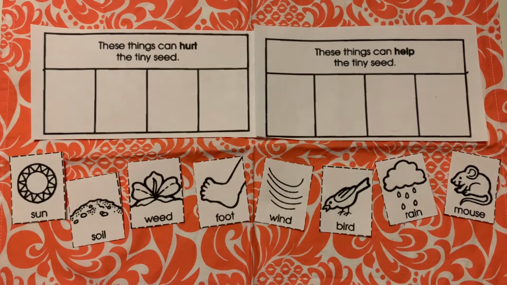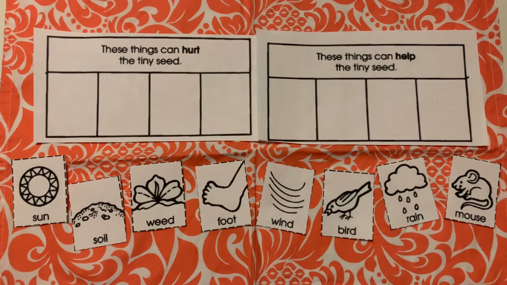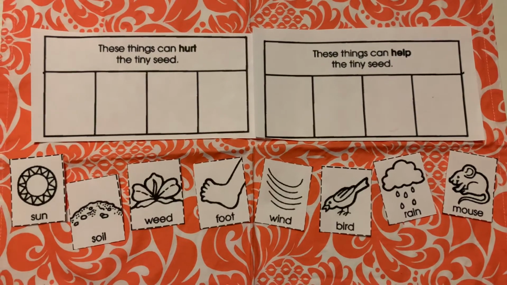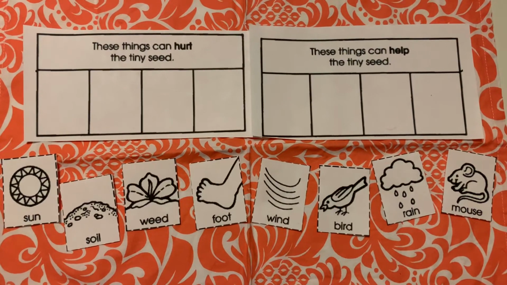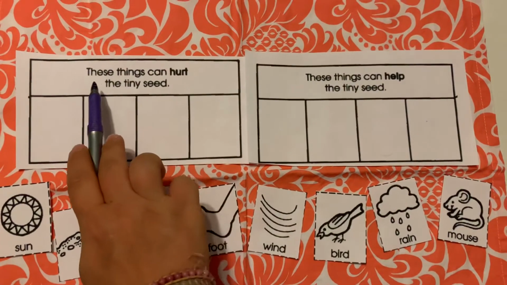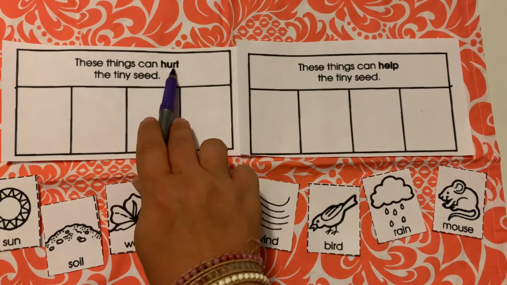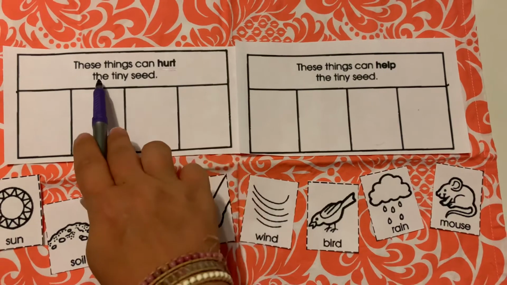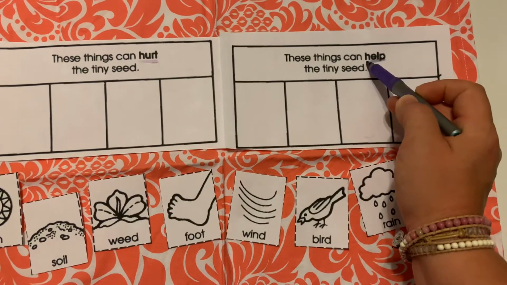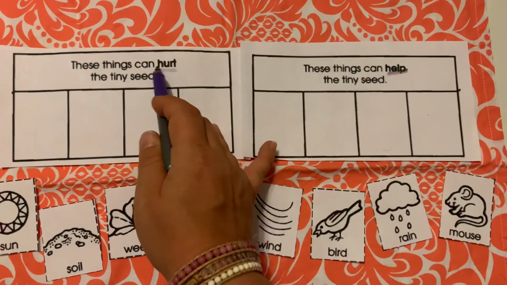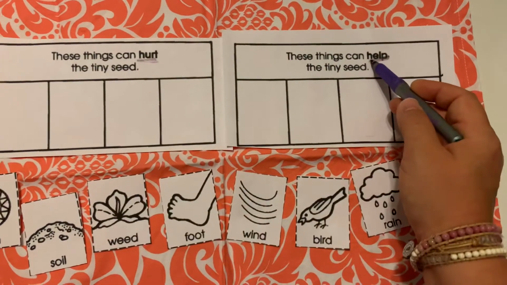Okay, for this science activity, we are going to sort these pictures into two categories. Things that can hurt the tiny seed and things that can help the tiny seed. Hurt and help.